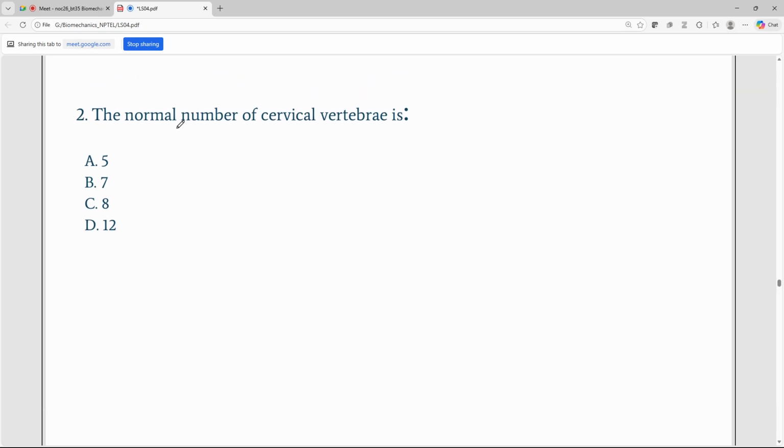Next question. The normal number of cervical vertebrae are? Options are 5, 7, 8, 12.